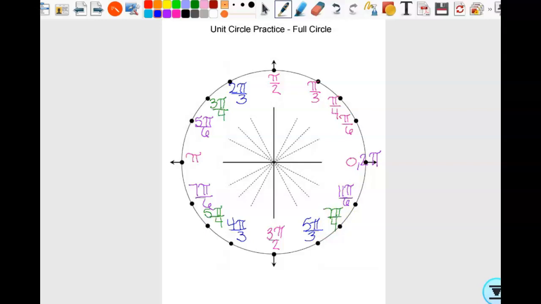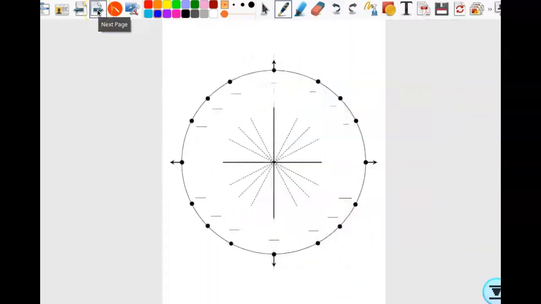Okay, so now I want you to fold this however you have to fold it so this is all you see, the other blank one. And then I'm going to give you a minute or so, and I want you, without looking at anything, without cheating, to fill in all your radian angles to the best of your ability.